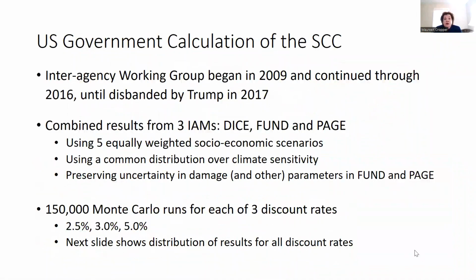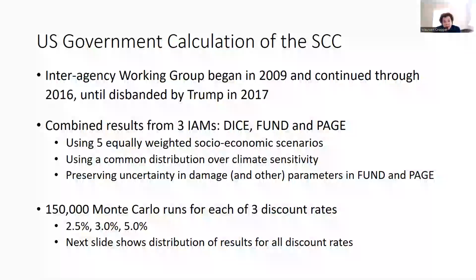Okay, so the US government began calculating the social cost of carbon in 2009 during the Obama administration. The interagency working group is the group that actually does the calculations. They continued with their calculations through 2016.